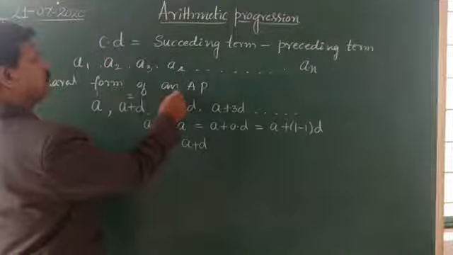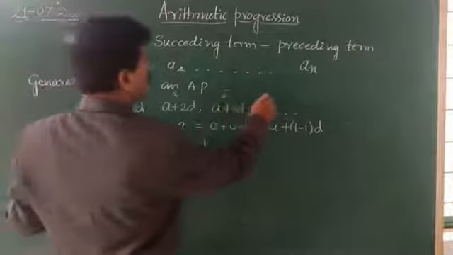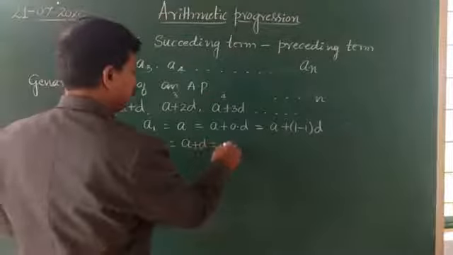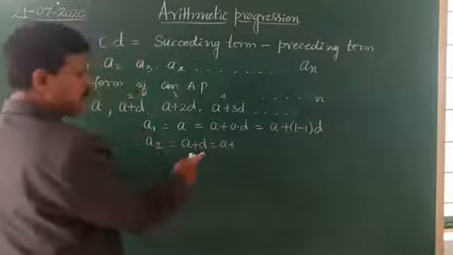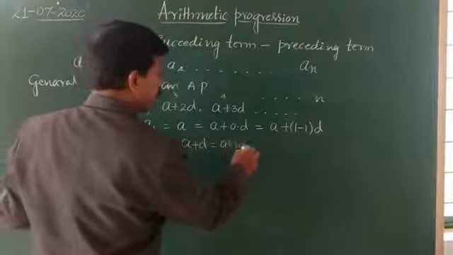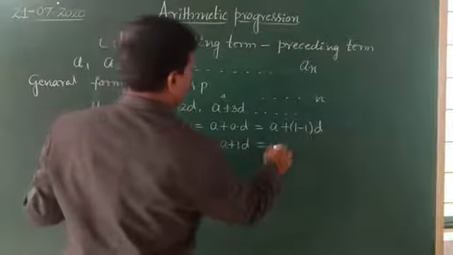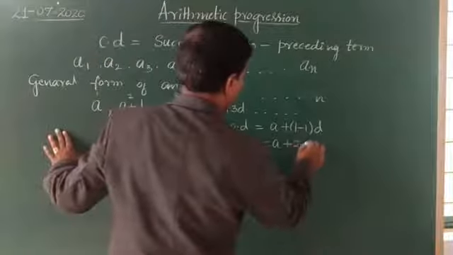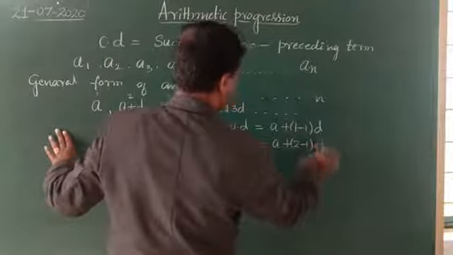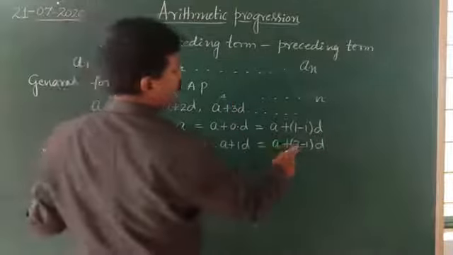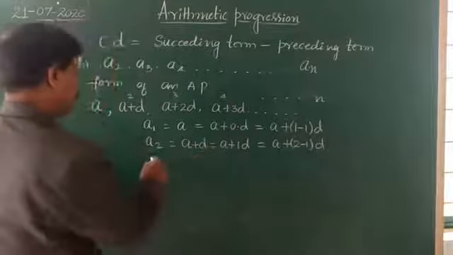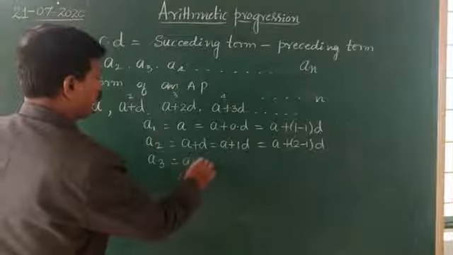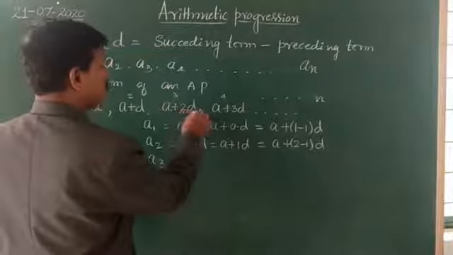So this is the second term. First term, second term, third term, fourth term, etc., nth term. So A plus D. That means A plus, how many D is there? 1 D is there. So I am writing that as 1 into D. So I am writing this as A, here is 2, so I am writing 2 minus 1 into D. See, 1 D is there. So 2 minus 1 into D is 1 D. Similarly, A3 is equal to A plus, how many D is there? 2 D is there.